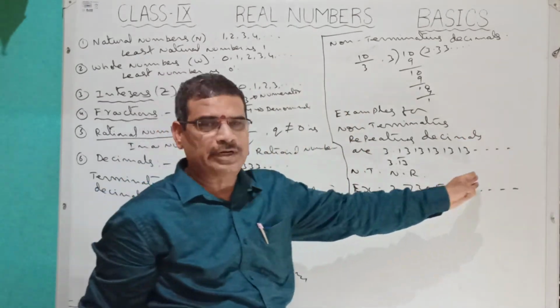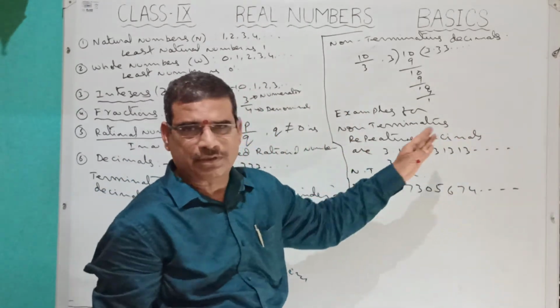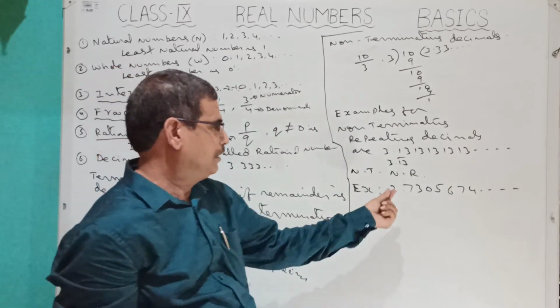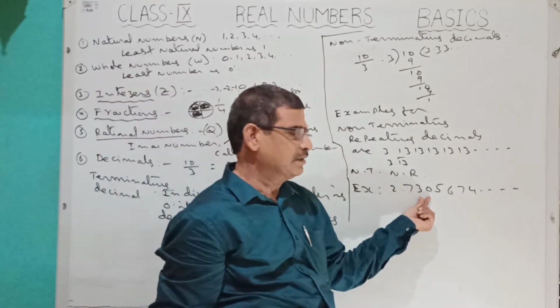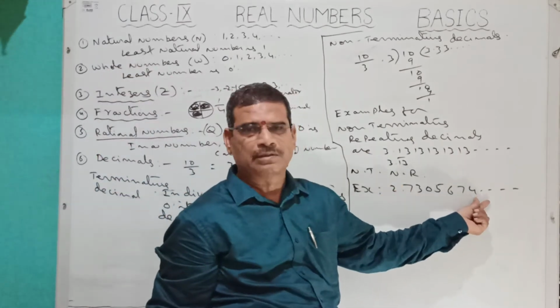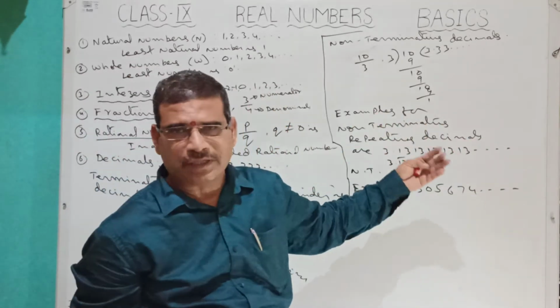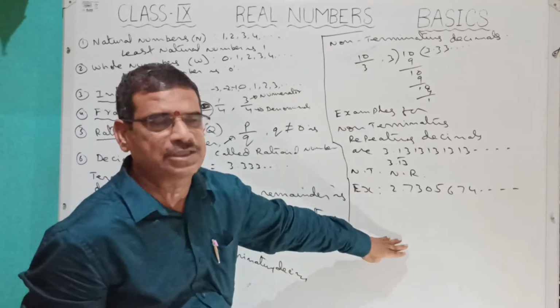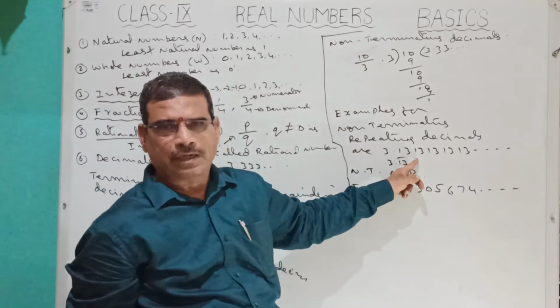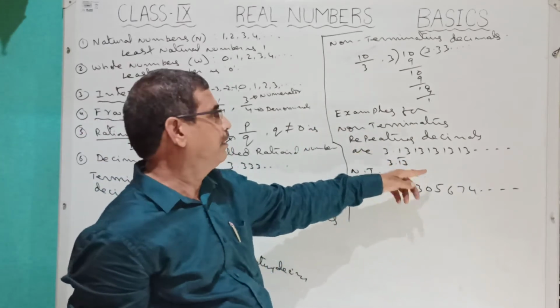We can write different numbers, but they will not come in order. Here 7 is there, after 7 3 is there. Here 7, after 7 4 is there. Those are not in order. So this is called non-terminating non-repeating decimal. This is non-terminating repeating decimal.